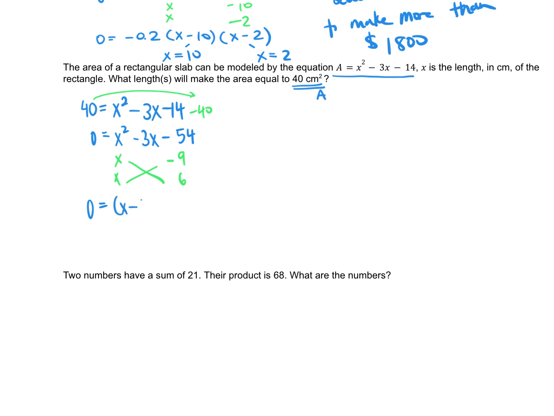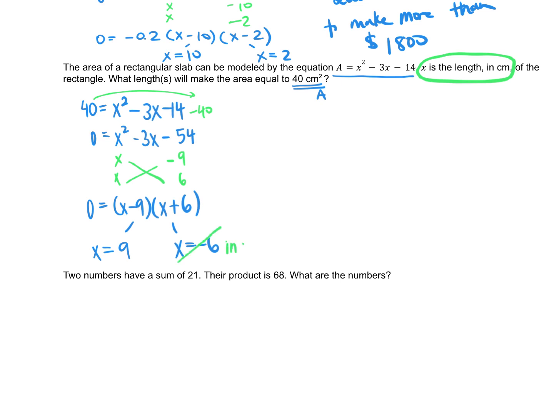And we have 0 equals x minus 9 times x plus 6. And when I branch out, I get x equals positive 9 when that negative 9 moves over, and x equals negative 6. Now, going back and rereading the question, x represents the length in centimeters. It does not make sense for us to have a negative value for the length.